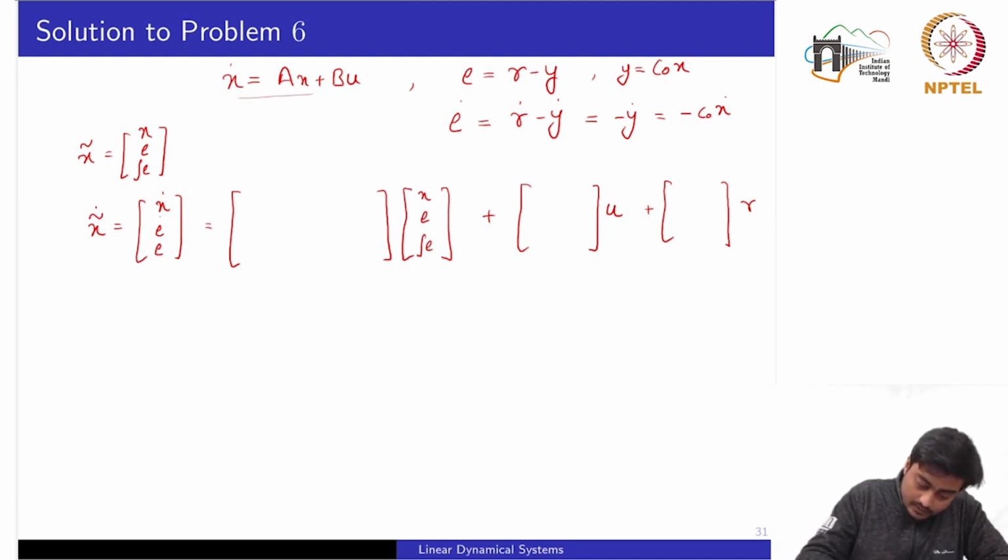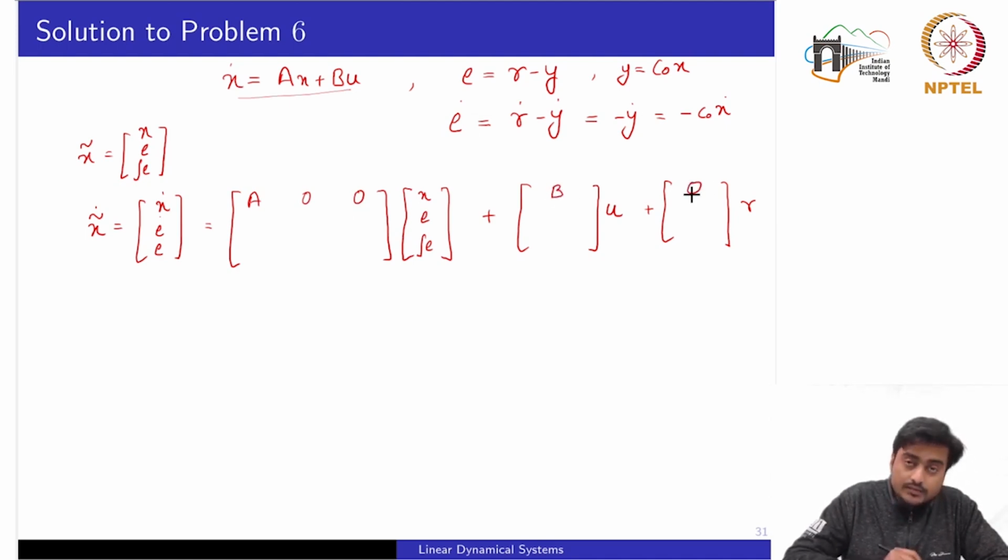So if I use the first equation to form this state matrix, I would get A. I don't have any relationship between e and the integral of e, so these components would become 0. The B matrix would come, and we don't have any relationship with r in the first equation.